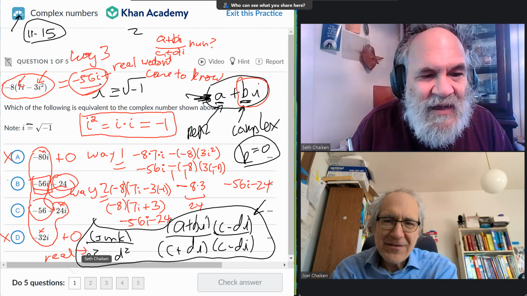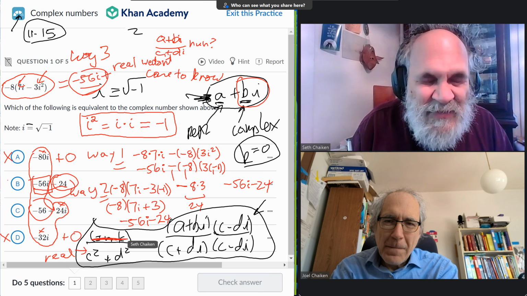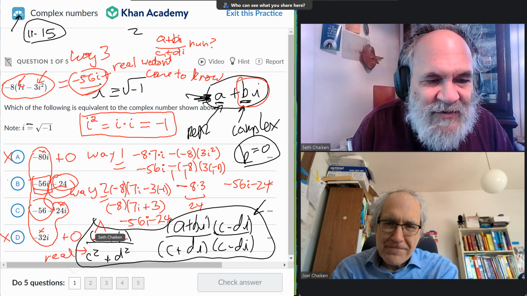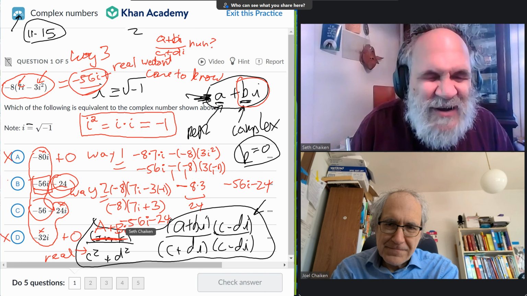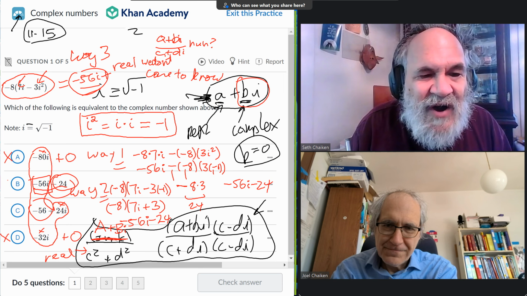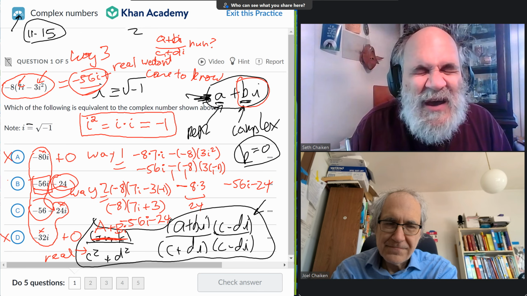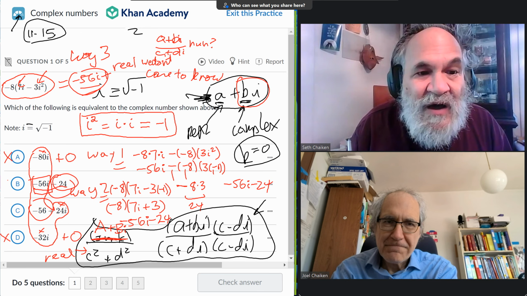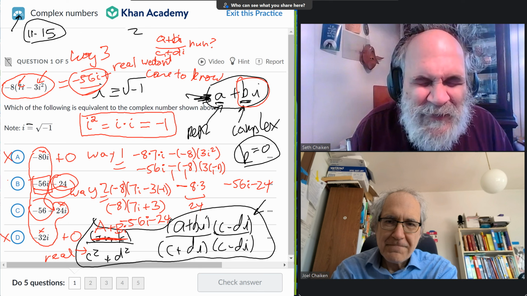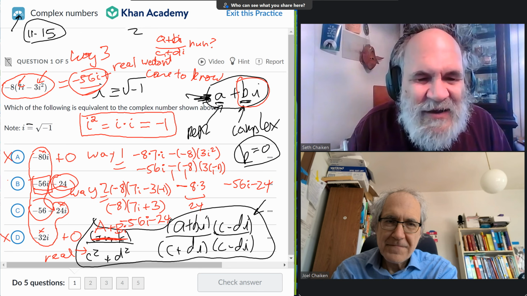And I wouldn't call this junk. What's up here is some real value plus some imaginary value. This real value, when you divide it by the real value of the denominator, you get a real value. This imaginary value, when you divide it by the real value of the denominator, you get another real value.